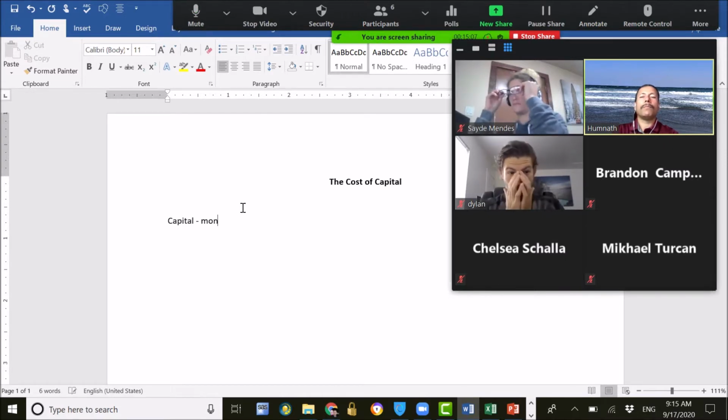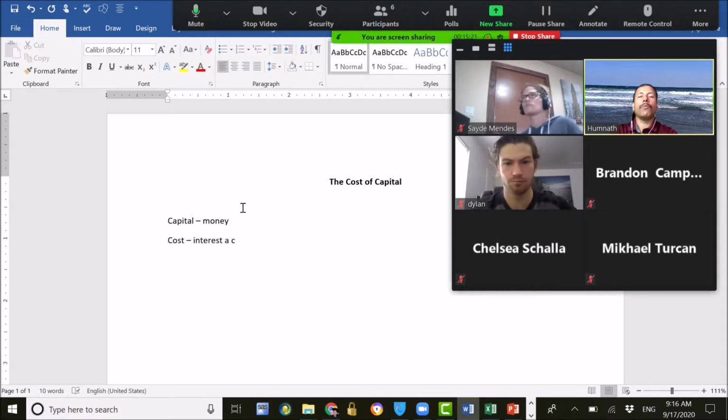And cost is basically what a company pays, interest or returns. Let's put it this way.